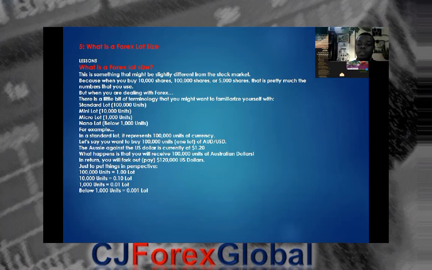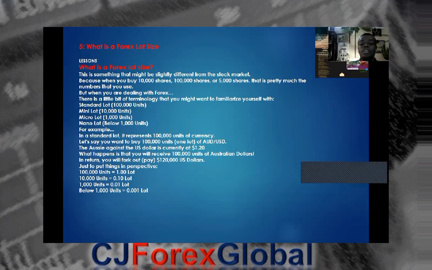So let's say you are using standard lot size with a $100,000 account, and the market goes against you 5 pips. That means you have made a loss of $50. If the market goes in your direction 5 pips, you have made a profit of $50. So it all depends on the size of the account. If your account is $100,000 and above, standard lot size is recommended.